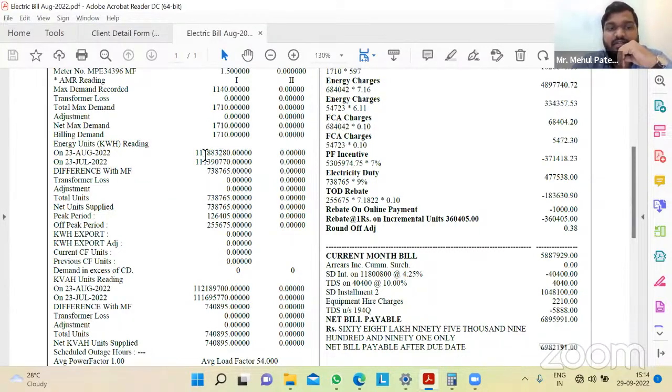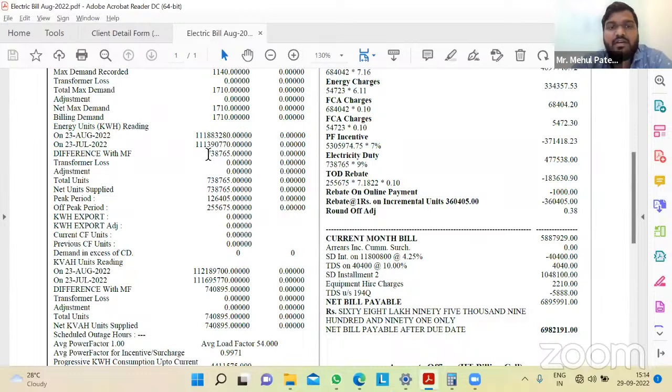So when you subtract this reading from this reading, you get this many units as the recorded units in terms of energy. So 7,38,765 units are being consumed by this customer in a month. Fine. I hope it is clear where to identify the units.